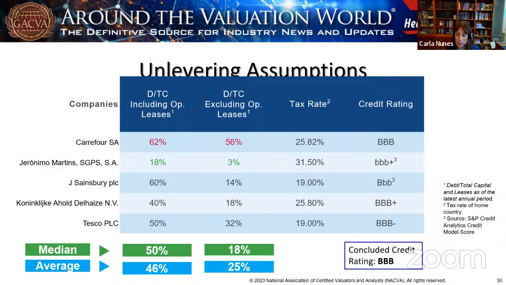So we're showing it to you right here, our concluded credit rating of BBB, and this is based on two sources. There's the S&P official rating, but then we also use S&P Credit Analytics credit models that give you the lower letter rating, which is not an official rating, but is based on financial ratios. And so that's what this is based on.